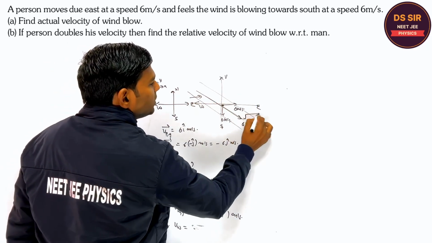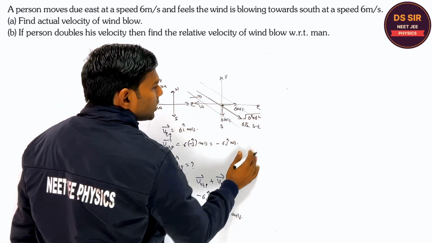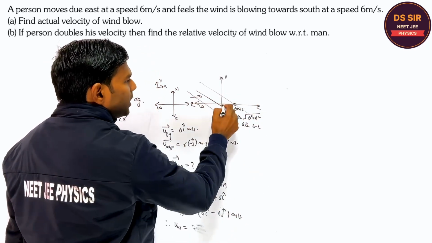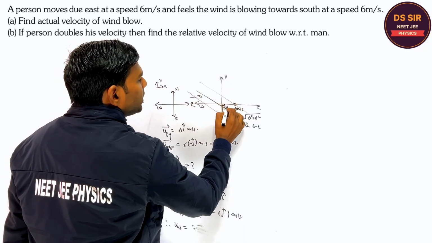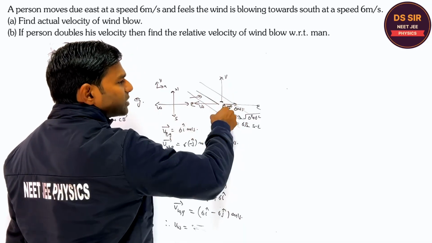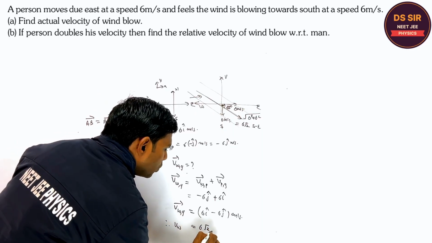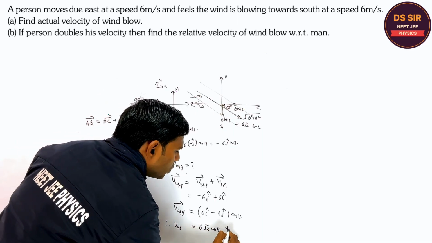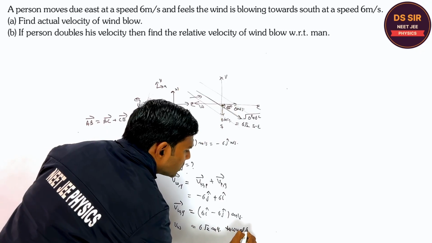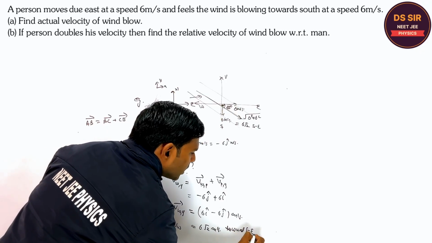So how to find this velocity? Square root of 6 square plus 6 square, which is 6 root 2. And this angle will definitely be 45 degrees, since 6 and 6 give tan theta equal to 1. So it is 6 root 2 meter per second towards southeast, right?